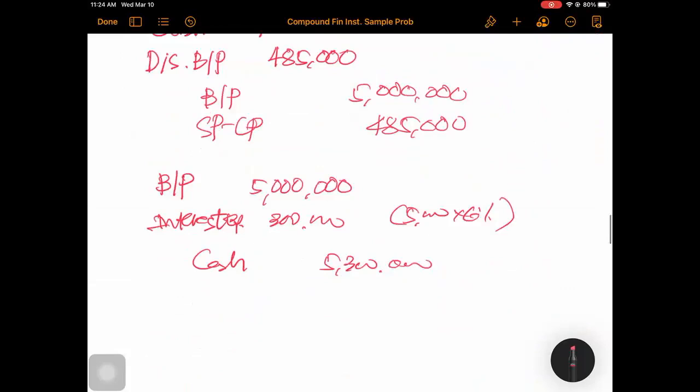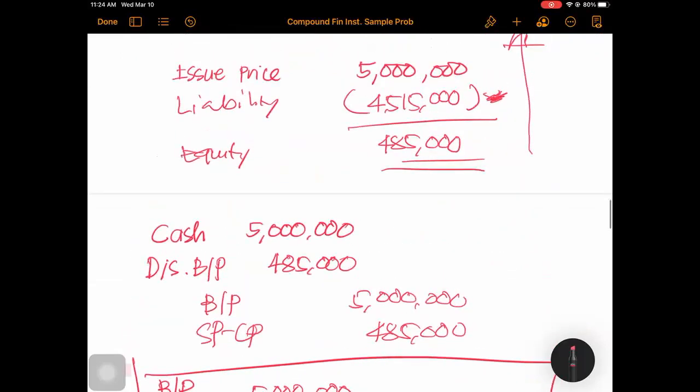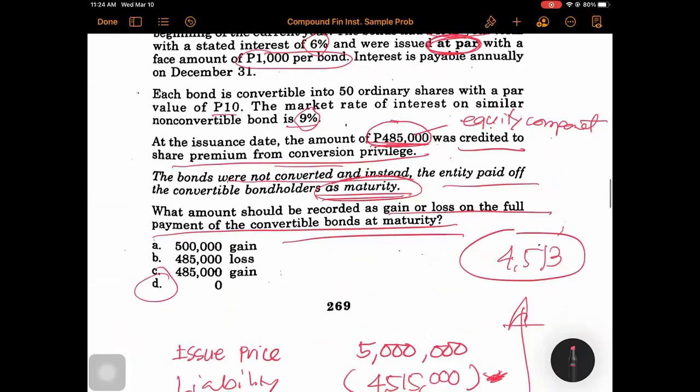Wala man tayo gain or loss dire. Therefore, the answer is 0. Sulat lang. 0 ang answer.